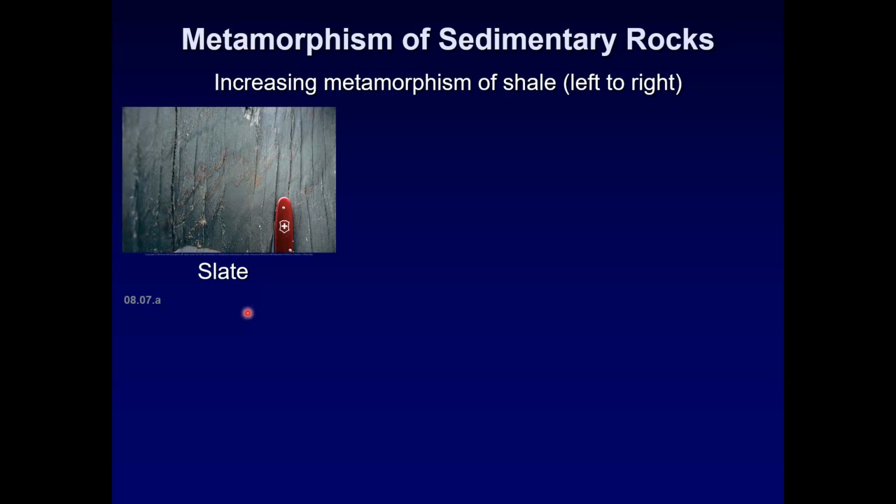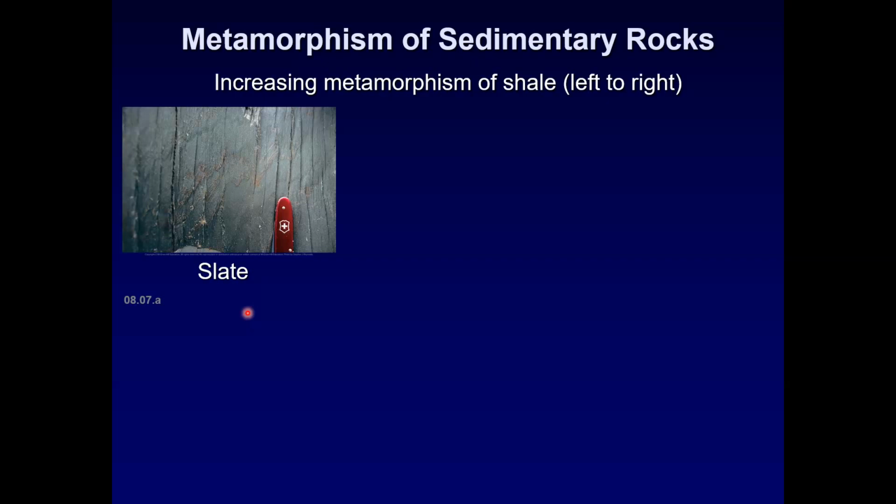So, shale is a sedimentary rock. It can experience different grades of metamorphism. Shale is the protolith, the first rock that wasn't metamorphosed. But under stress, at low grades, shale can become slate, a metamorphic rock once used for chalkboards.